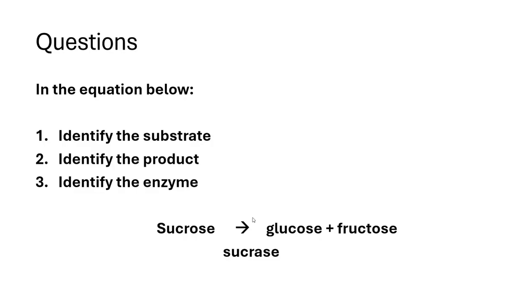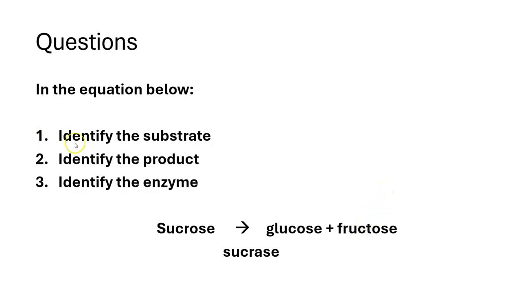So here's a question for you. We have a chemical reaction here where sucrose, right? We were just talking about having a sugar cube, and that is sucrose. And sucrose gets converted into the two monosaccharides of glucose and fructose. In other words, the disaccharide sucrose is broken down into the two monosaccharides of glucose and fructose.